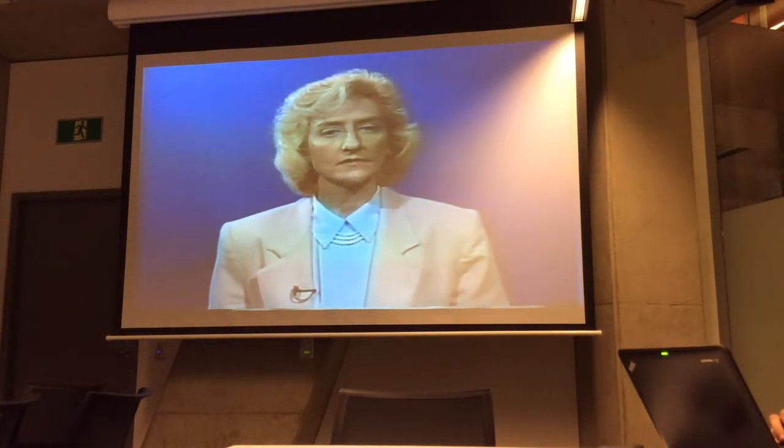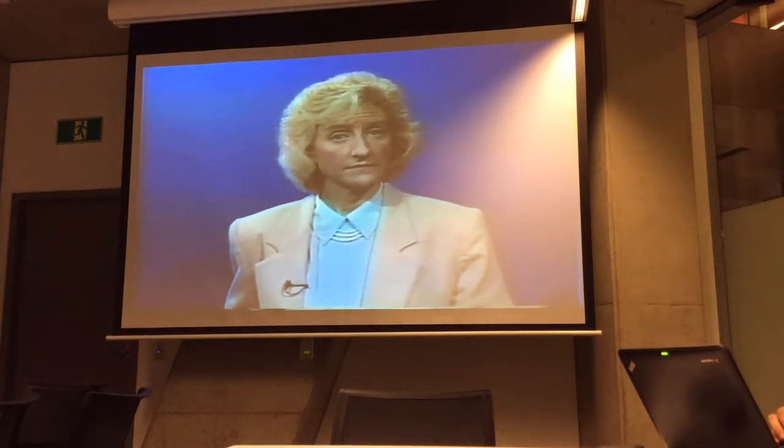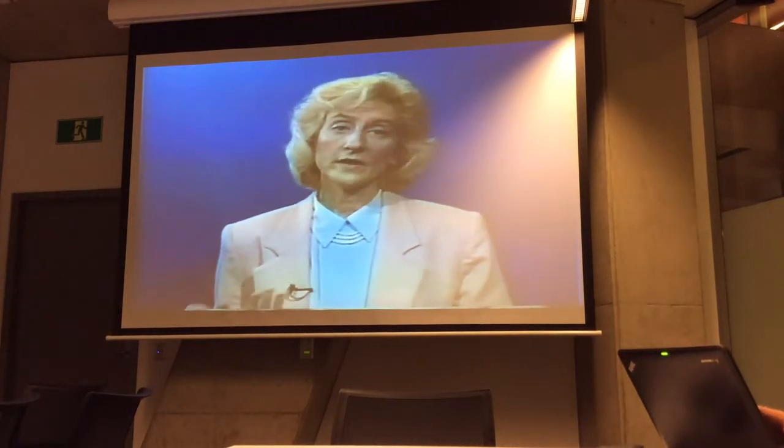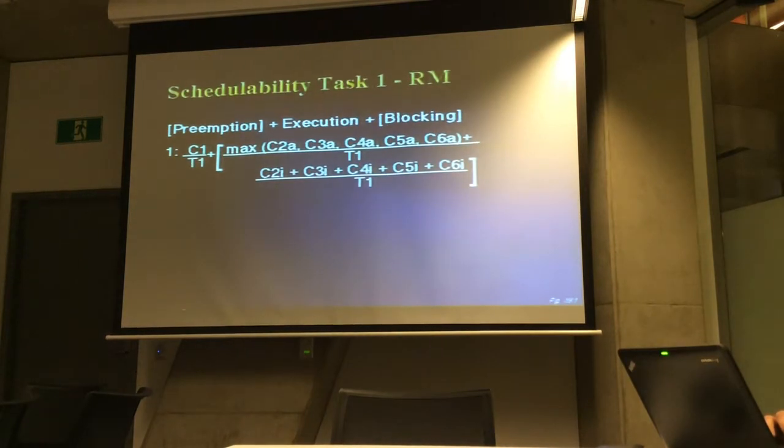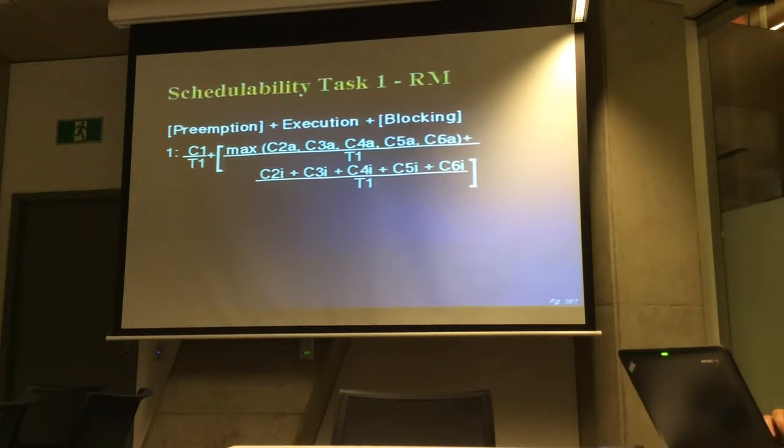Let's look at the effect that this had on the schedulability of task 1. We have C1 over T1 for starters. That's no surprise. But the numerator of the blocking factor has changed. In what way? What's the worst case situation now? Well, the interrupt portion of any of the other tasks may occur while task 1 is attempting to execute. That hasn't changed.